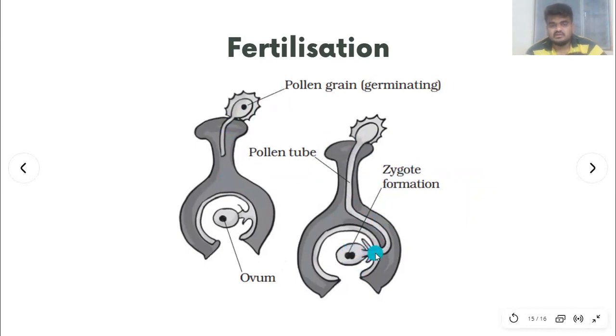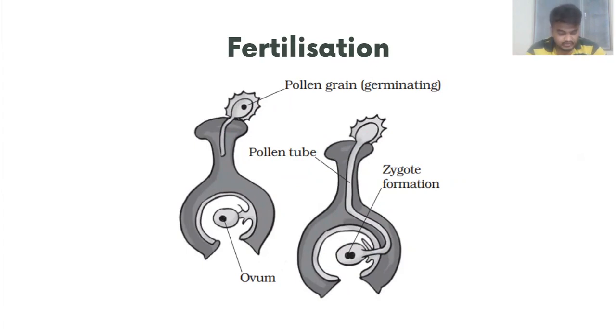So simply, the cell which results after fusion of male and female gametes is known as a zygote, and this whole process is known as fertilization.